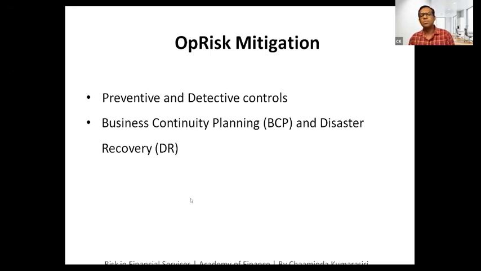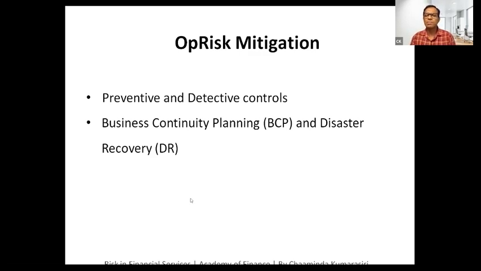Now, if you look at BCP and disaster recovery, DR is more towards IT related. That's what we look at. But BCP is all over. It covers everything.